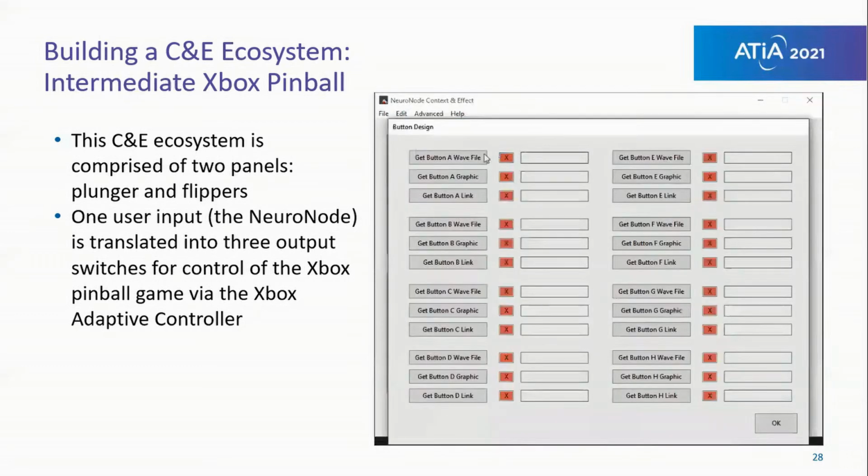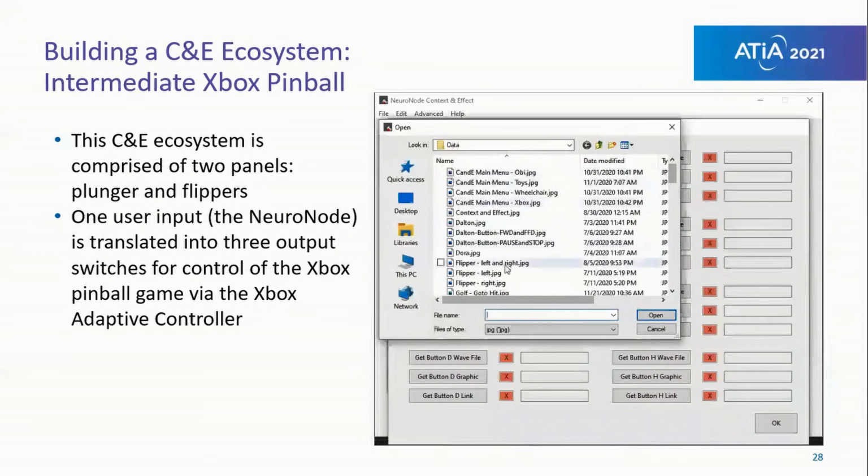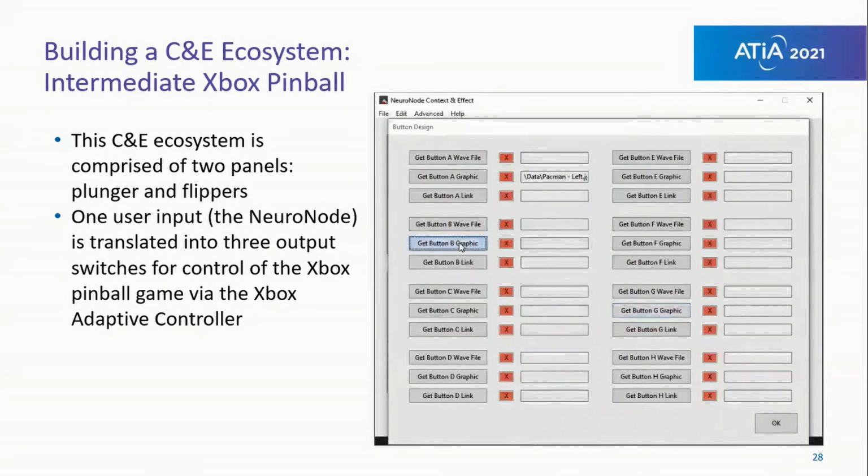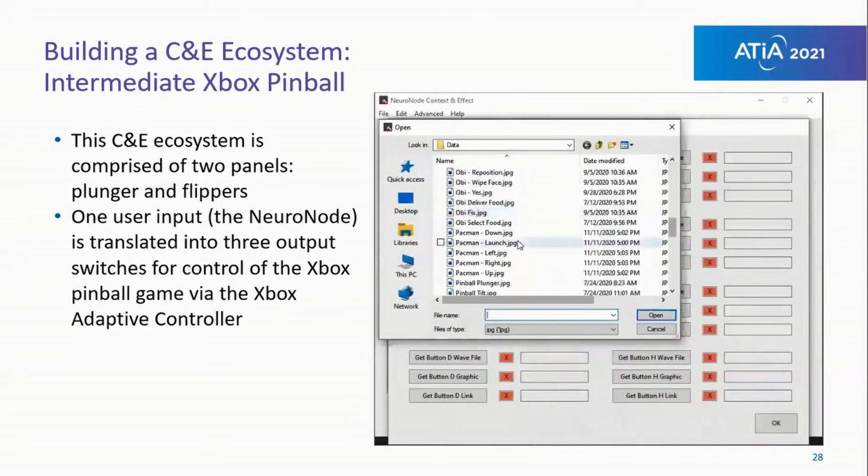So button design for the button A graphic, I'm going to give it a pinball left flipper graphic. And then for the button B, I will give it, oops, not Pac-Man, pinball. Oh, flipper, yeah.